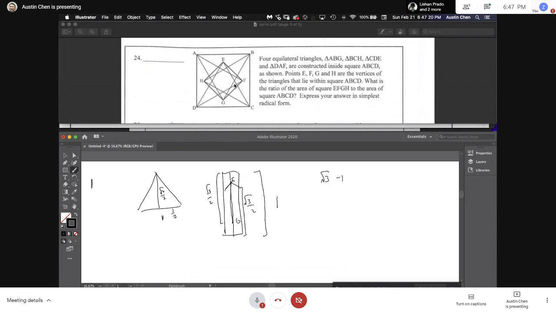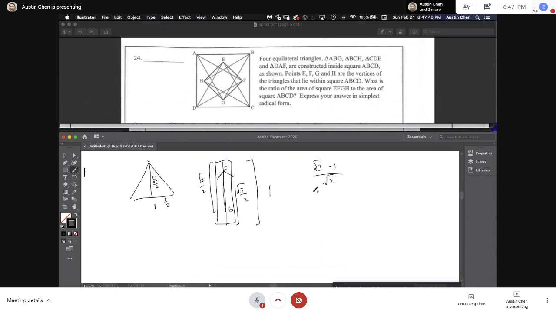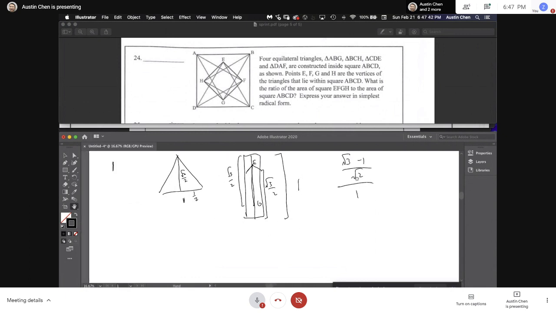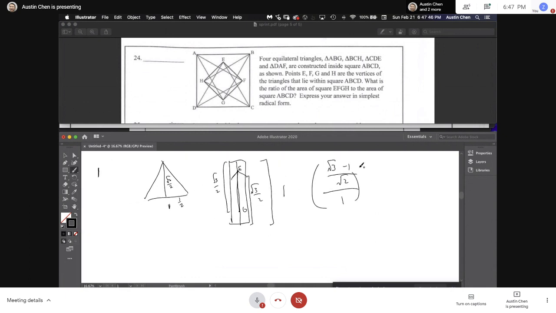And this is good because this is the distance from E to G, that's a diagonal of our inside square, which means we can use this to find the side of our inside square, which is just this over root 2. And then to find our ratio, we put this over the side of our larger square, which we set to 1, and we square this.